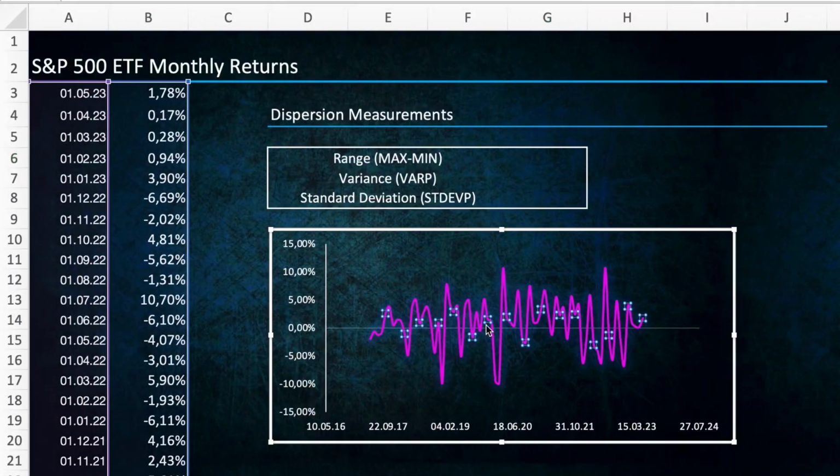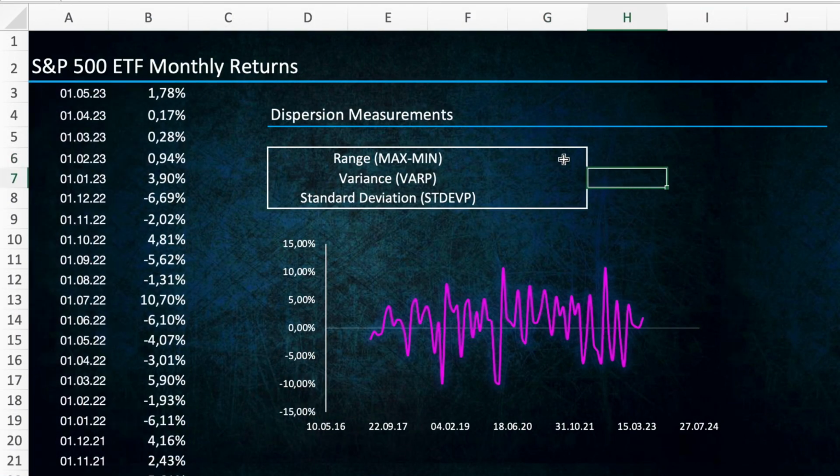In Excel, we can use the following to calculate range, variance, and standard deviation. For this example, we will have the monthly returns of the ETF following the S&P 500 index. We know that the range is calculated by the difference of the maximum and the minimum.